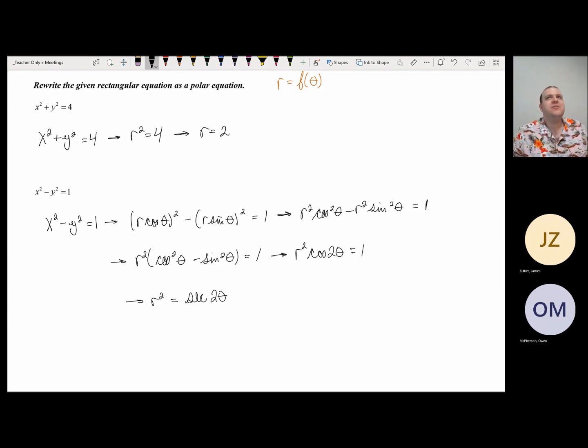However, this has an implied domain. You can't have thetas where secant is negative because then you'd be saying r squared is a negative value, which is nonsense. So I'm gonna go ahead and take the square root, because it's already implied that theta is not gonna be anything that makes secant of 2 theta negative.